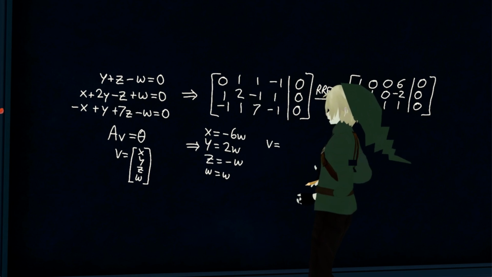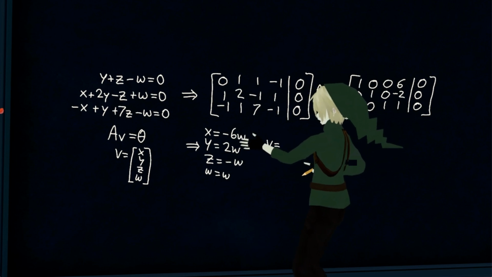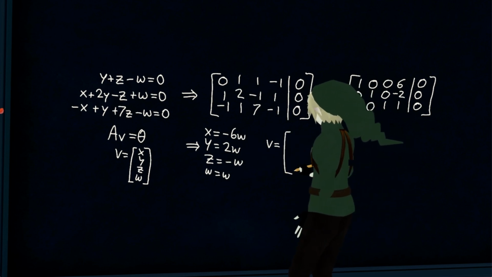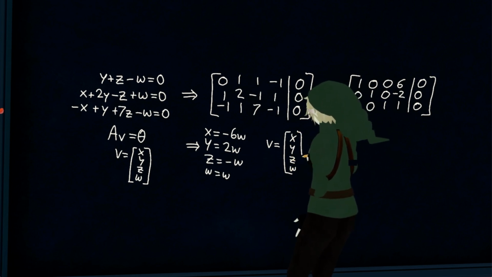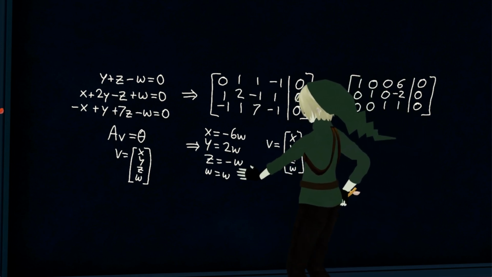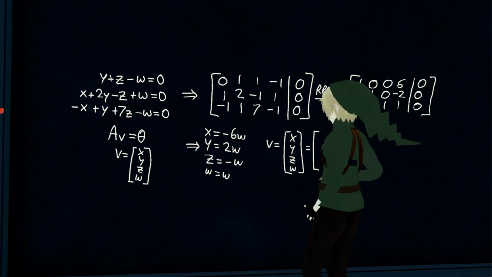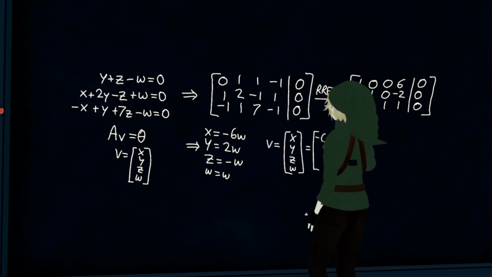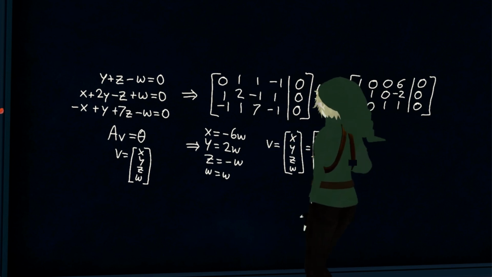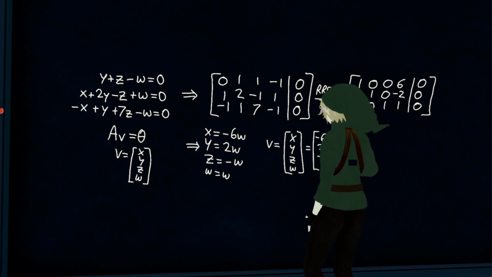Okay, so if we want to write our solution, we can write it in vector form. So notice that V is equal to X, Y, Z, W. Let me just rewrite this so that you don't get lost. But notice that everything is in terms of W. So this is technically X is equal to negative 6W, Y is equal to 2W, Z is equal to negative W, and W is W itself.